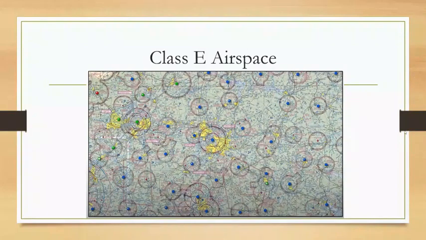Now, how I actually got this map is through a website that we're going to be using for a lab a little bit later called skyvector.com, which is a really great resource that we can utilize.